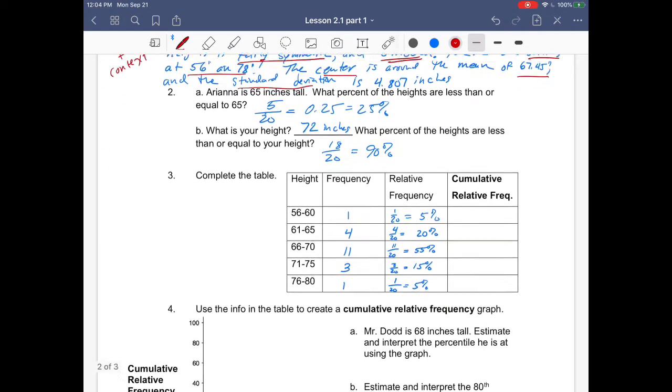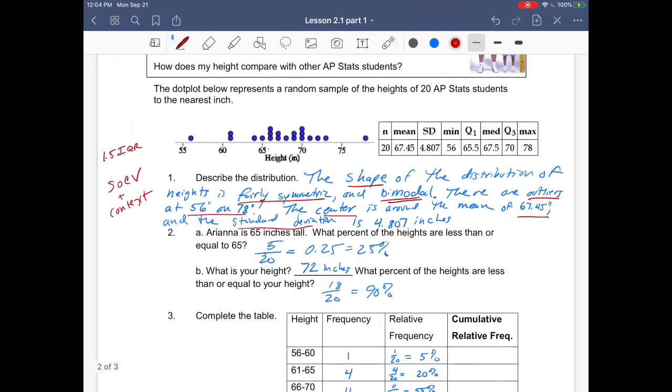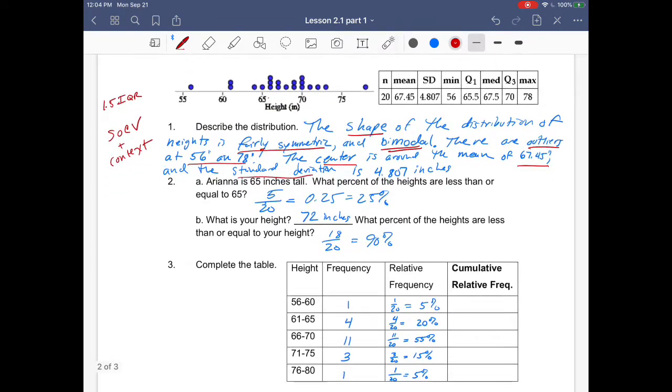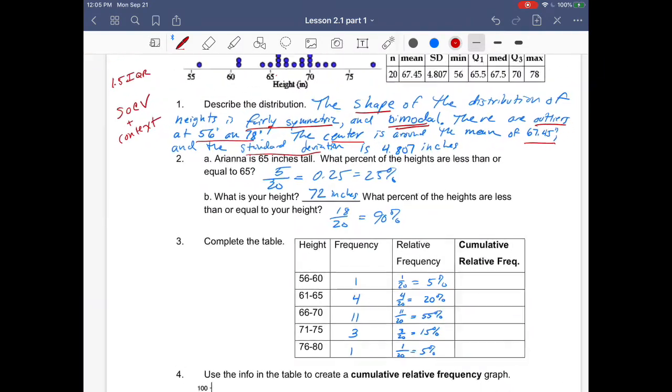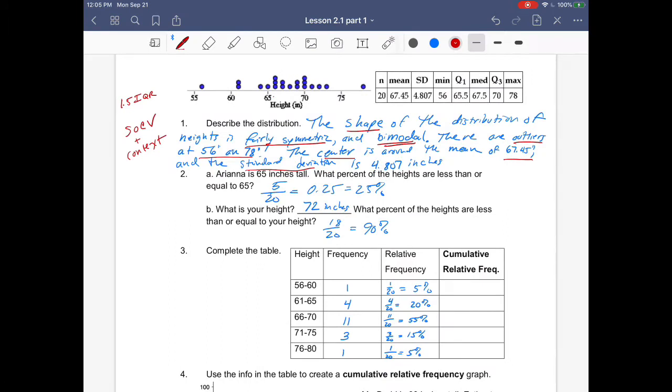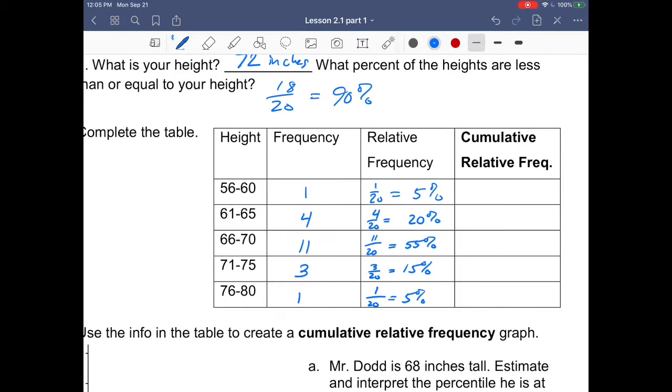Now, hopefully you've also completed this table. We're just counting the dots between 56 and 60, counting the dots between 61 and 65, and then computing the relative frequency of each of those ranges so that we can talk about the cumulative relative frequency in this particular case. What does that mean? What that means is that as you look, obviously starting at 0%, right here we have 5% cumulative that are between 56 and 60.